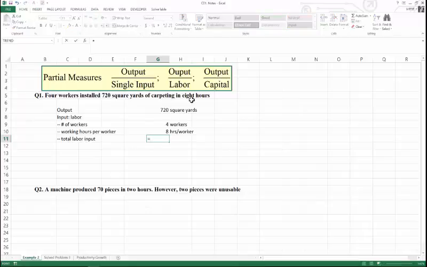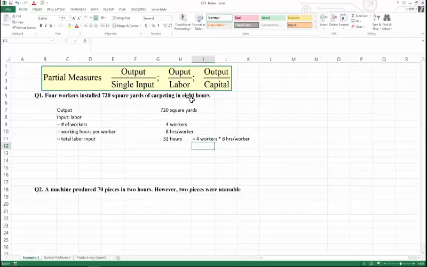It needs to equal 4 workers times 8 hours per worker. So that is 32 hours. To show the logic more explicitly, it equals 4 workers times 8 hours per worker.